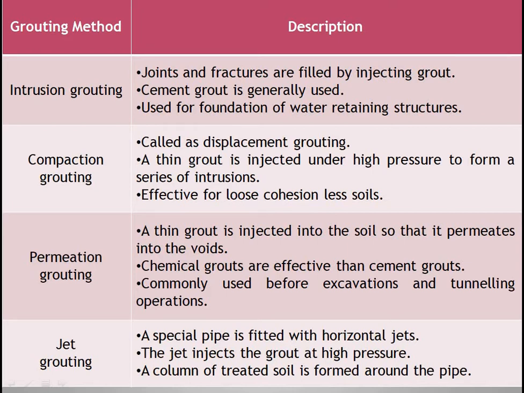The third one is permeation grouting. Here a thin grout is injected into the soil such that it permeates into the voids. Before doing any excavation or tunneling operations, in order to pack or seal the voids and enhance the stability of the soil mass, permeation grouting is employed.